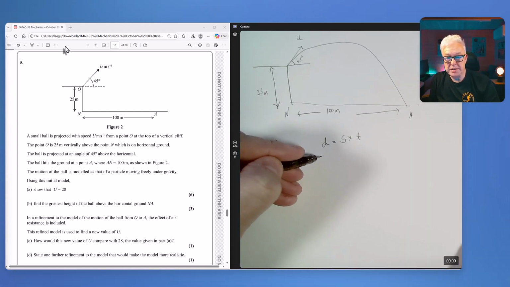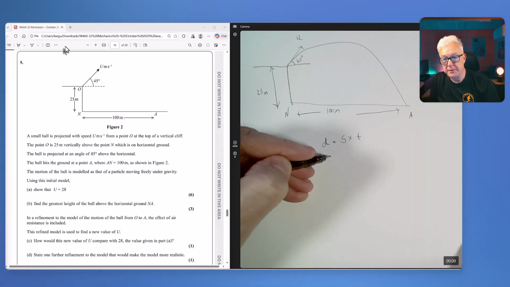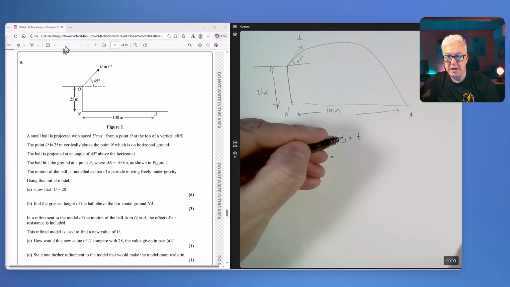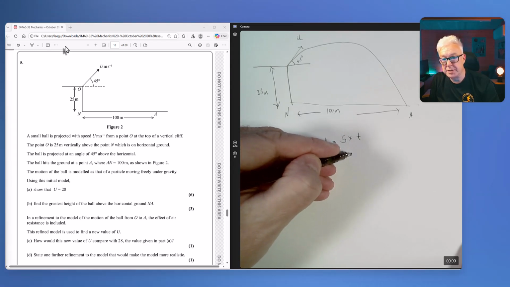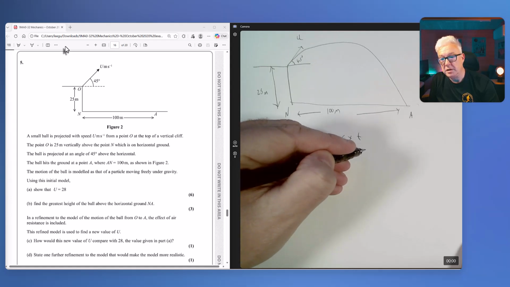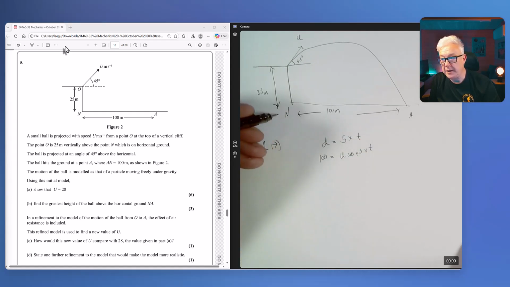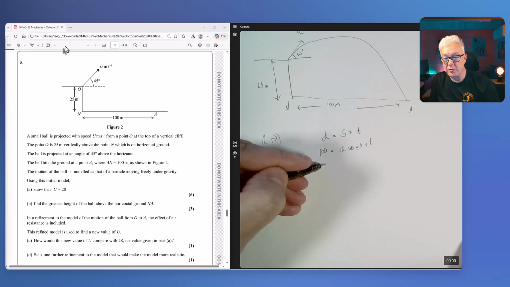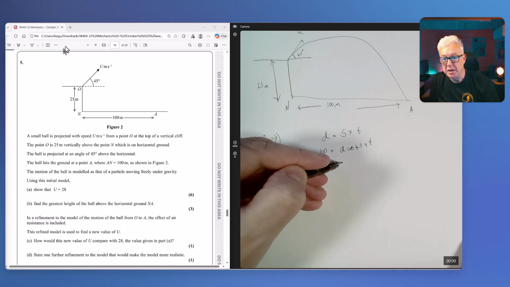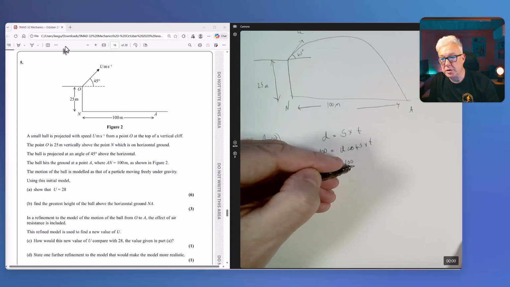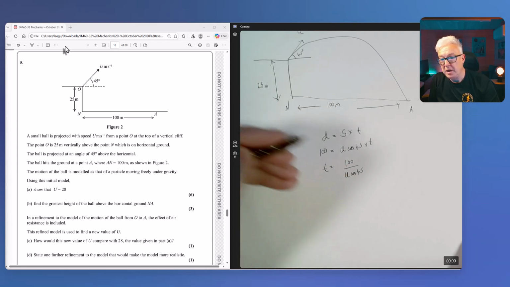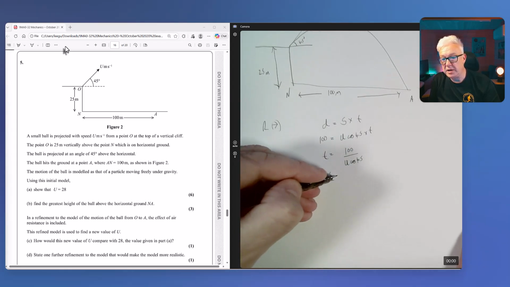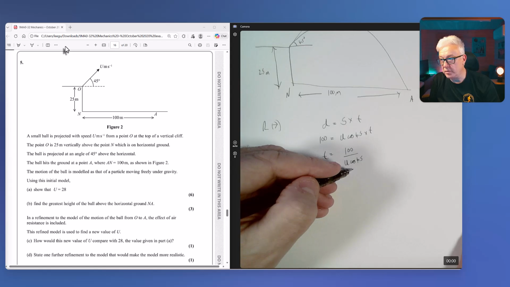So the distance is 100 meters and the horizontal component of the speed is u cos 45, times t. We can rearrange that and make t the subject. So t is going to be 100 over u cos 45, and cos 45 is equal to 1 over root 2.